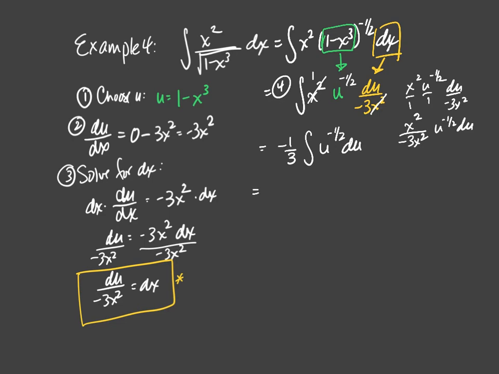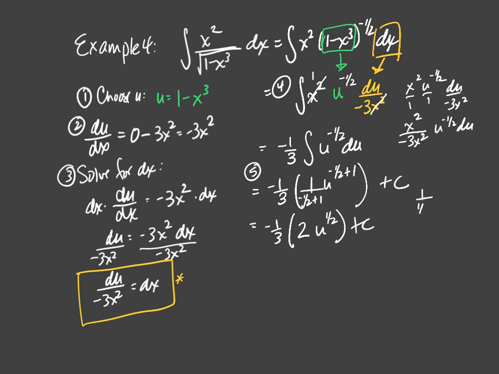So the next step is to perform the integration, integrate. So u to the negative 1/2 plus 1, divide by negative 1/2 plus 1, plus c. And negative 1/2 plus 1 is 1/2, so 1 divided by 1/2 is actually 2.